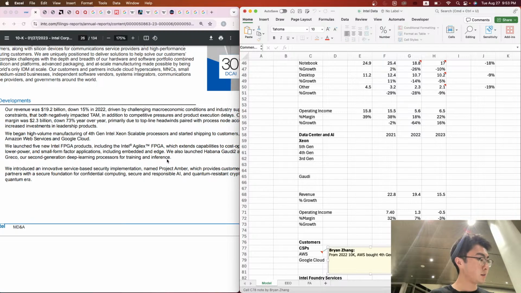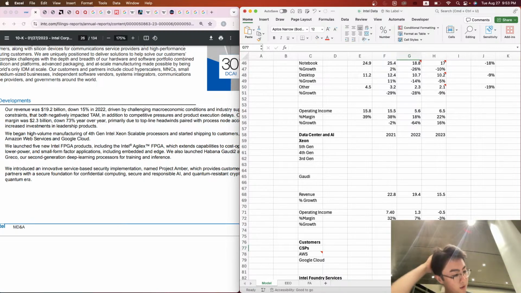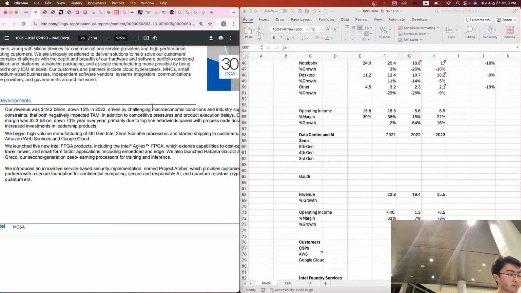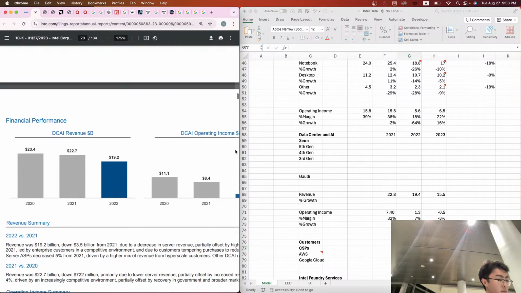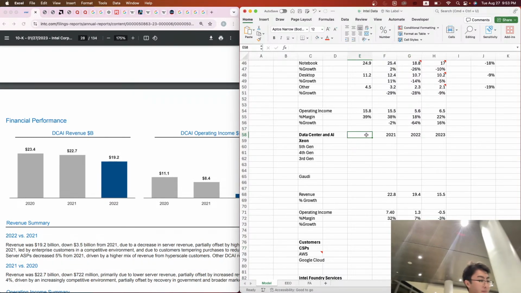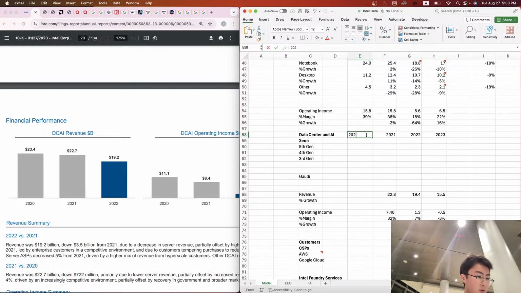Fourth gen Intel Xeon scalable processors. Okay, nice. Project Amber. So even in 2020, this was higher. Shoot.